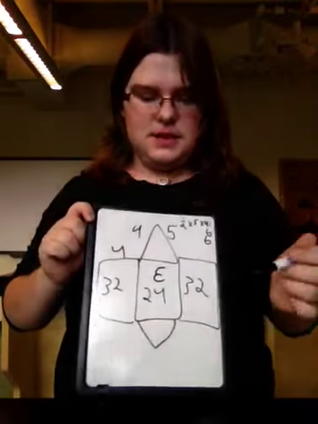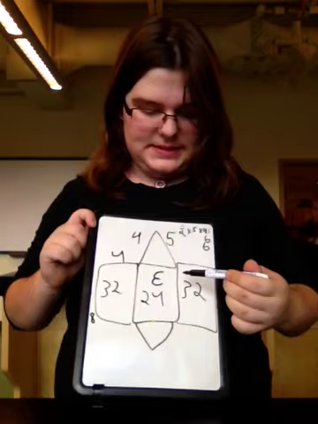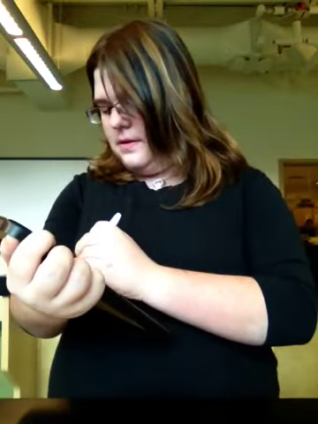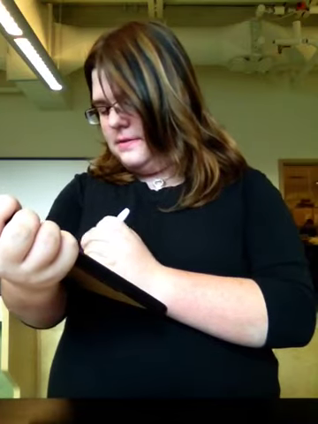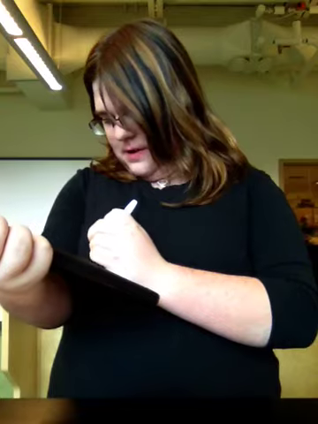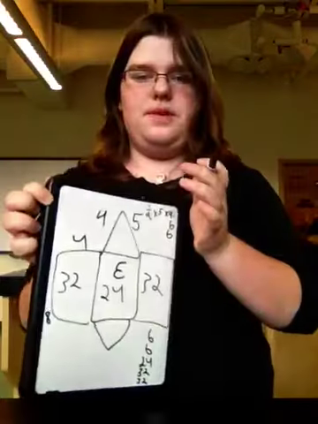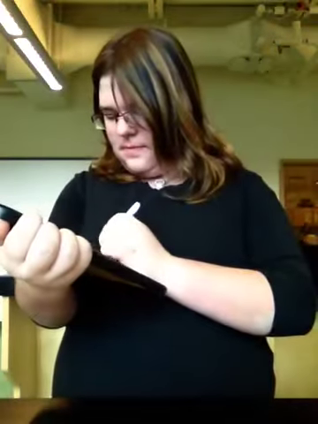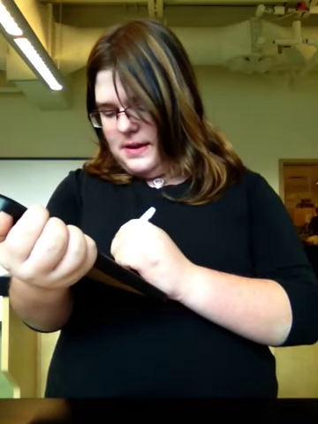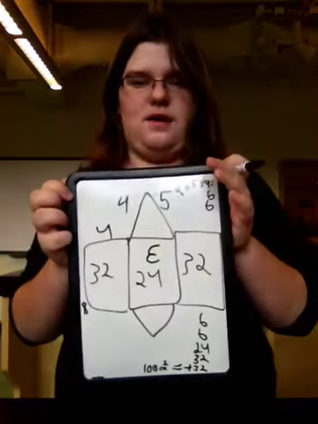So then after that, you take all the surface areas and add them all. 6 plus 6 plus 24 plus 32 plus 32. And that just equals 100 centimeters squared.